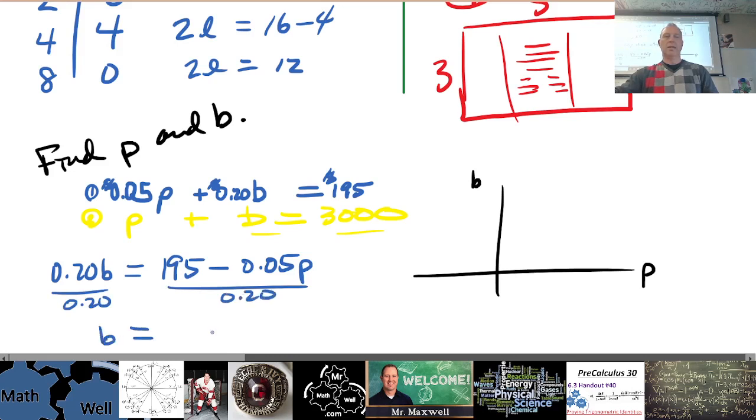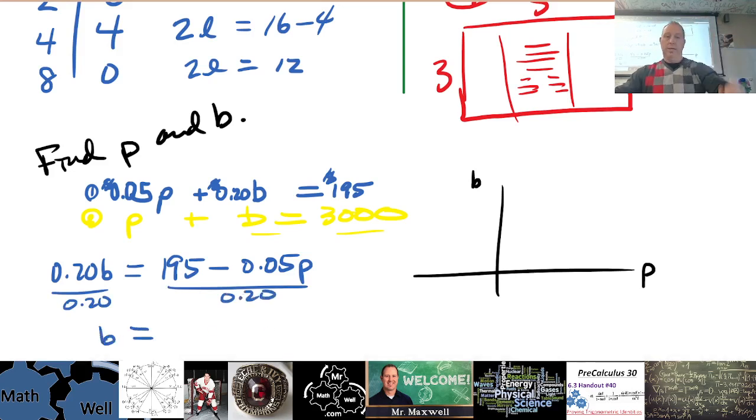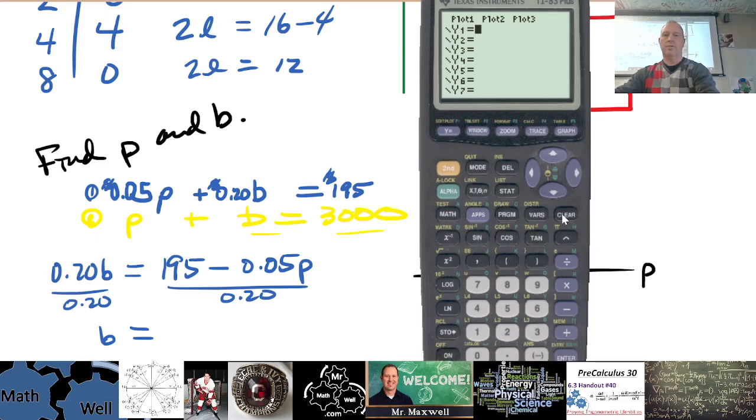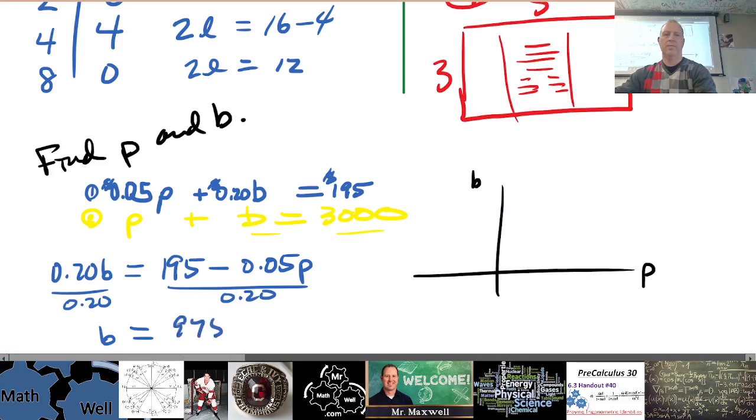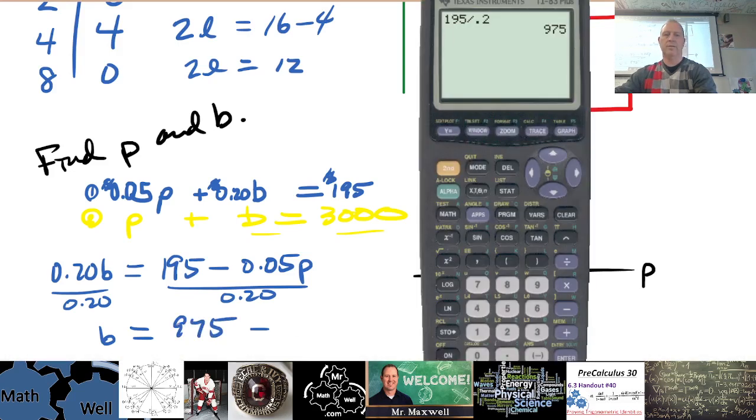So B equals, you can do this on your calculator, 195 divided by 0.2 is 975. Is that right? Times 10 divided by 2, yep. 975 minus 0.05 divided by 0.2 is 0.25.